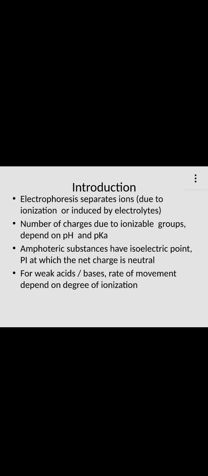So if a higher percentage is ionized, depending on the pH, then the movement through the system for positively charged, and we'll explain why positively charged, will migrate faster.